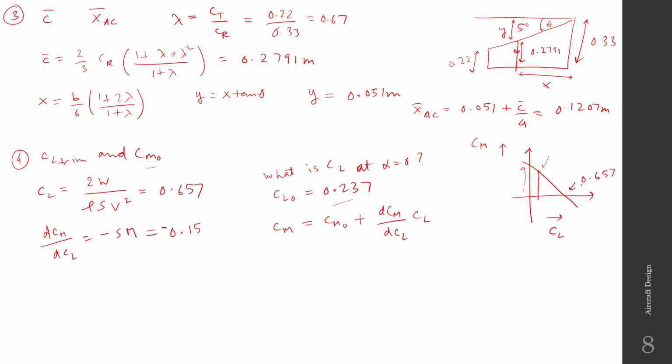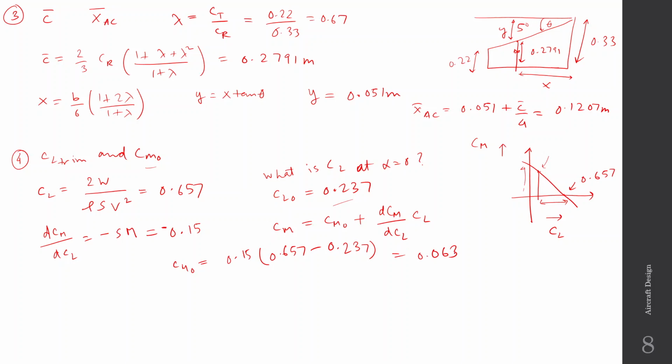Okay. So we know this height CM naught will basically be equal to the slope multiplied by this distance. So your CM naught will basically be 0.15 times this distance, which is 0.657 minus 0.237, and this comes out to 0.063.